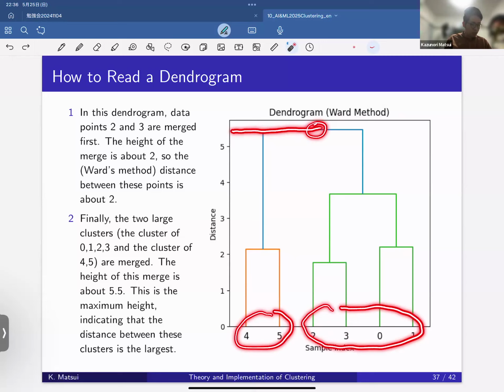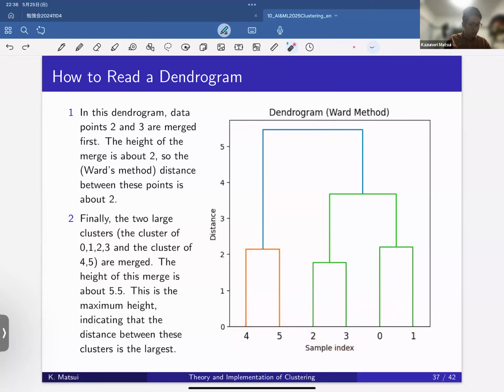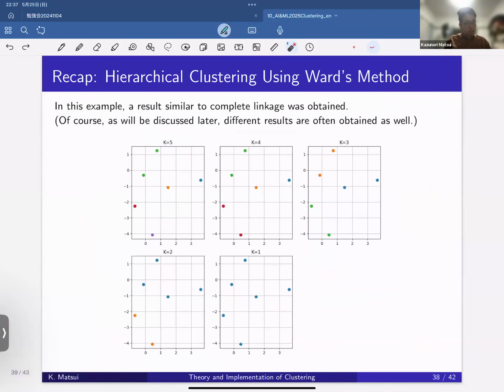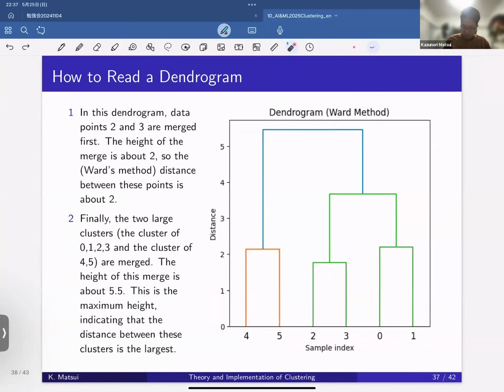This is the maximum height, indicating that the distance between these clusters is the largest. If we look at the previous figure again, it corresponds like this.